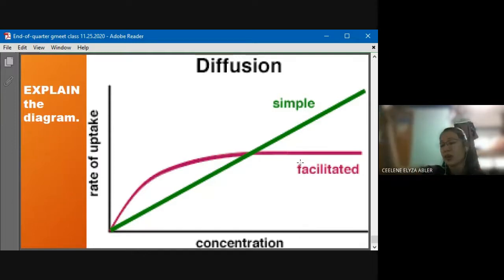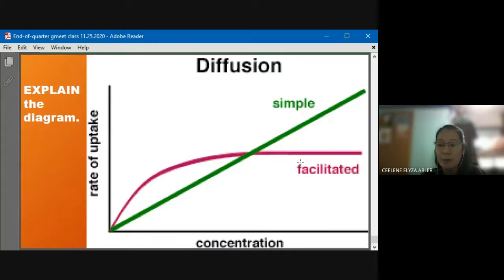Kahit gaano pa yan siya karami, kahit gaano pa kataas ang potential gradient niya, very high ang potential gradient ng substance na iyan out of the cell, hindi pa rin yan siya makapasok.